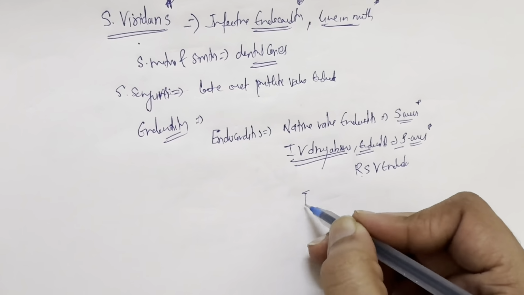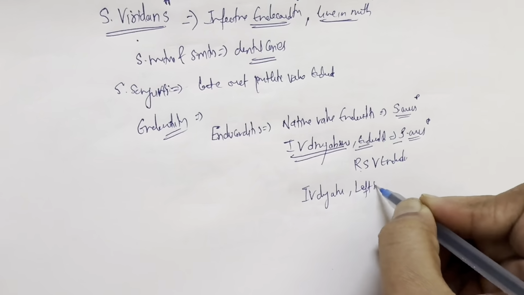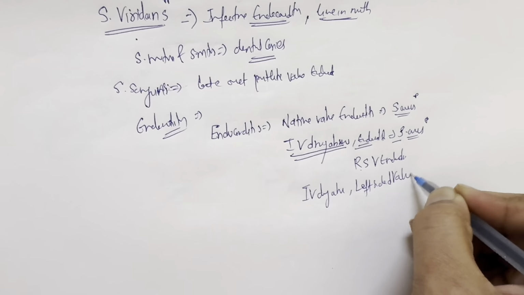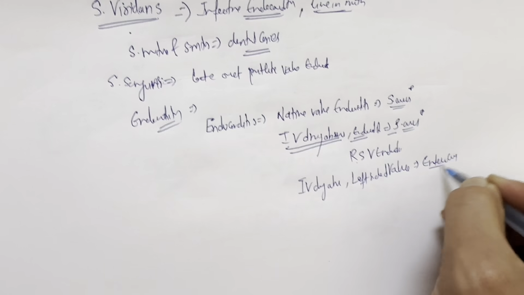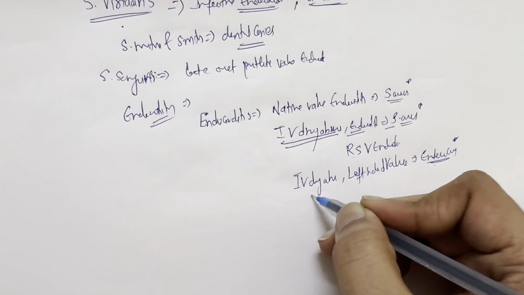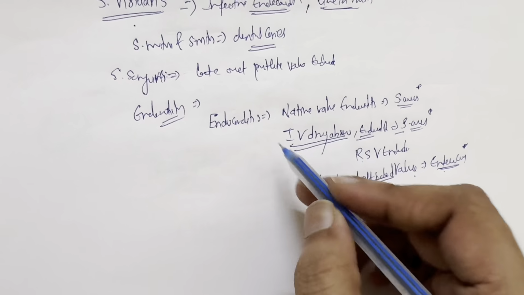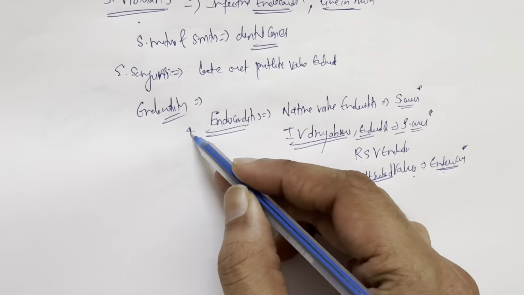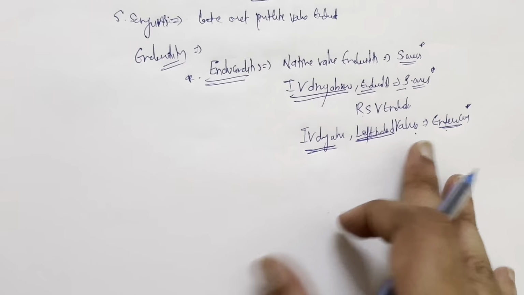And if it's the same IV drug abuser but this time the valve is left-sided, then the organism is Enterococcus. When I talk about Enterococcus, I will discuss IV drug abuse and left-sided valve endocarditis. But since we are talking about endocarditis and related microorganisms, I wanted to discuss that point here, so it will be all together in one place.